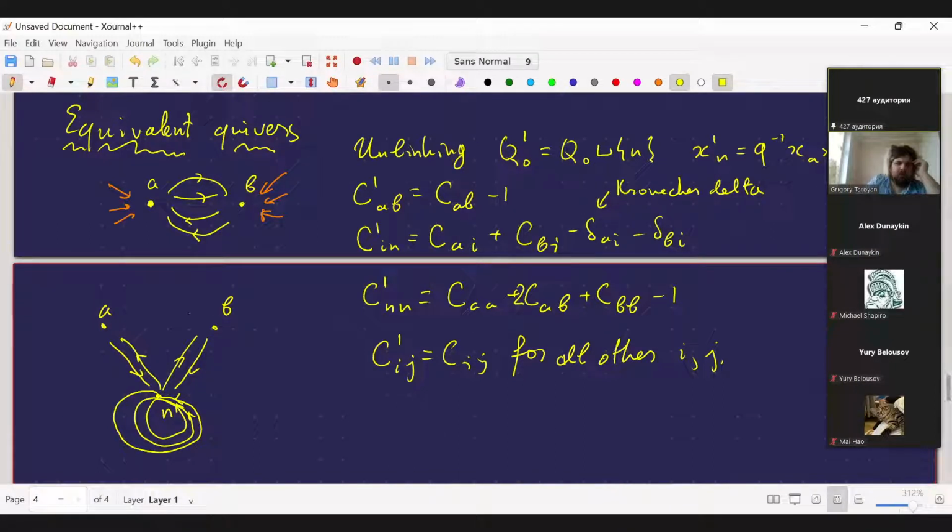Here we have one edge less, and these guys here come from the same vertices to this vertex N. So we had orange arrows for A, and we had orange arrows for B, and the same orange arrows go to N from the same vertices.